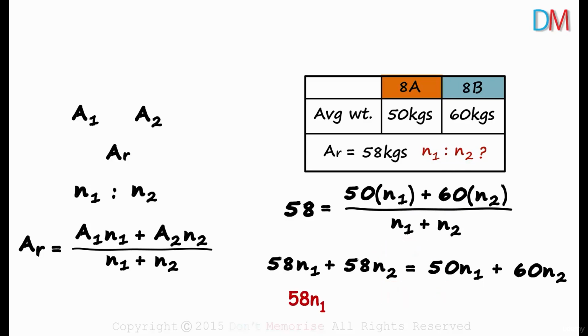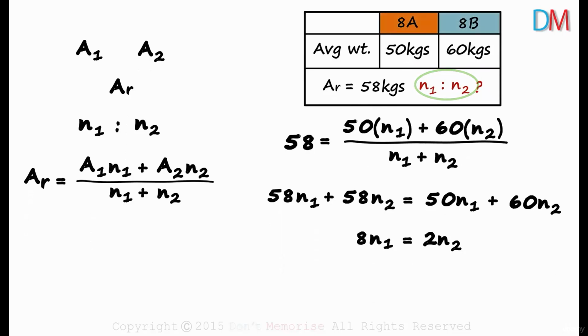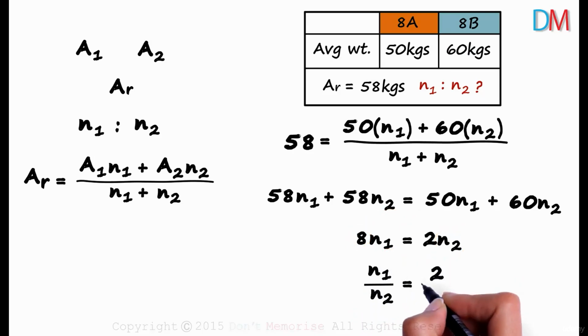We get 58N1 minus 50N1 on the left. That will be 8N1. And we get 60N2 minus 58N2 on the right. That will equal 2N2. Now we can easily find the ratio. Transposing N2 to the left and 8 to the right, we get N1 over N2 as 2 over 8.